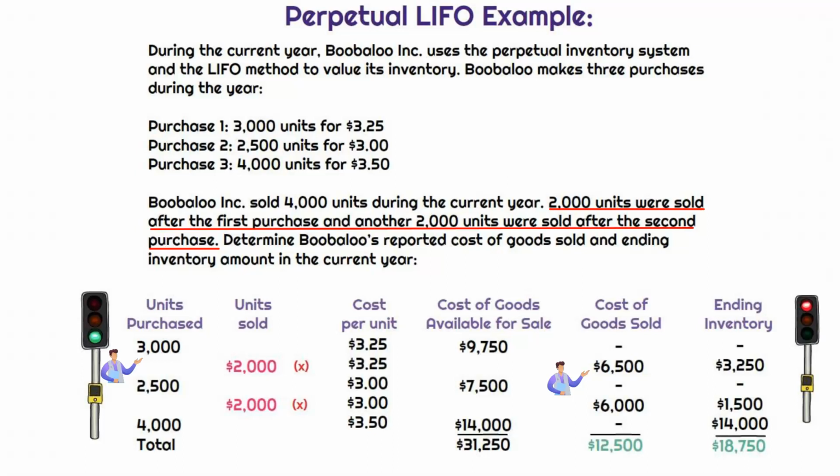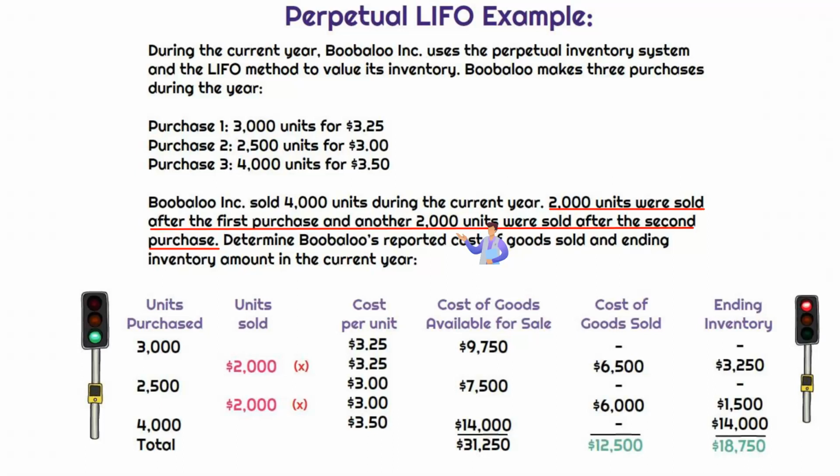Now moving on to the second 2,000 units that were sold. They were sold after the second purchase. After the first 2,000 unit sales date, we purchased another 2,500 units. So we started again, and now we're stopping again, applying the last in, first out method.